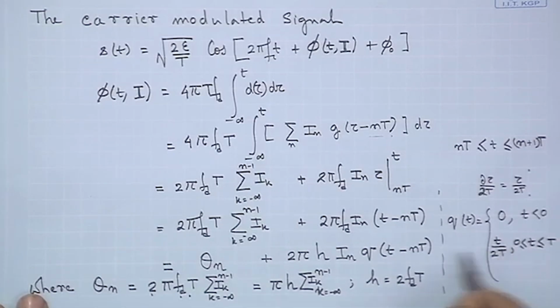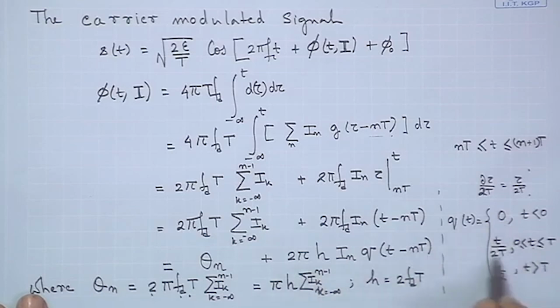So, again if you put t minus n t, you would find this is equal to t upon 2 T for the period n t to capital N plus 1 into T, because t minus n t, you put t minus n t over here, n t goes this side. So, that means t is greater than n t, and t is less than or equal to T plus n t, which is n plus 1 into T, and this is equal to half for t greater than or equal to T. So, for 0 we do not have a problem.